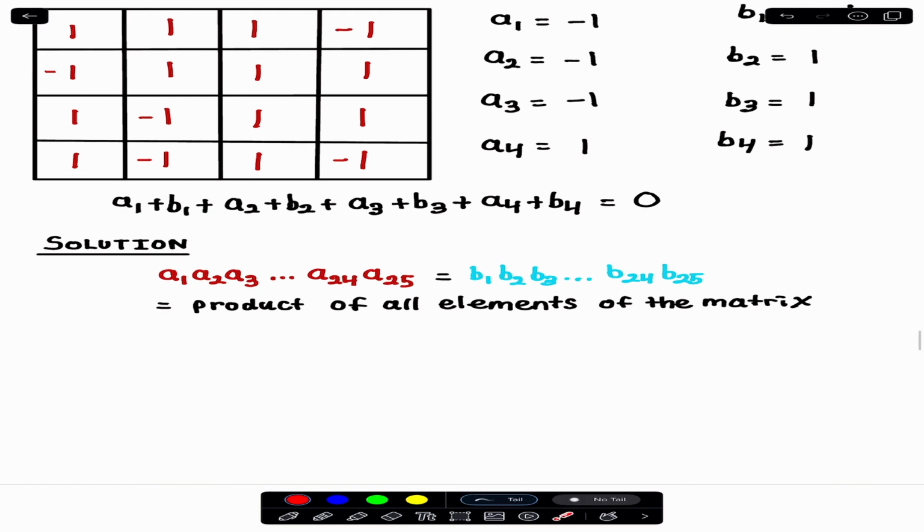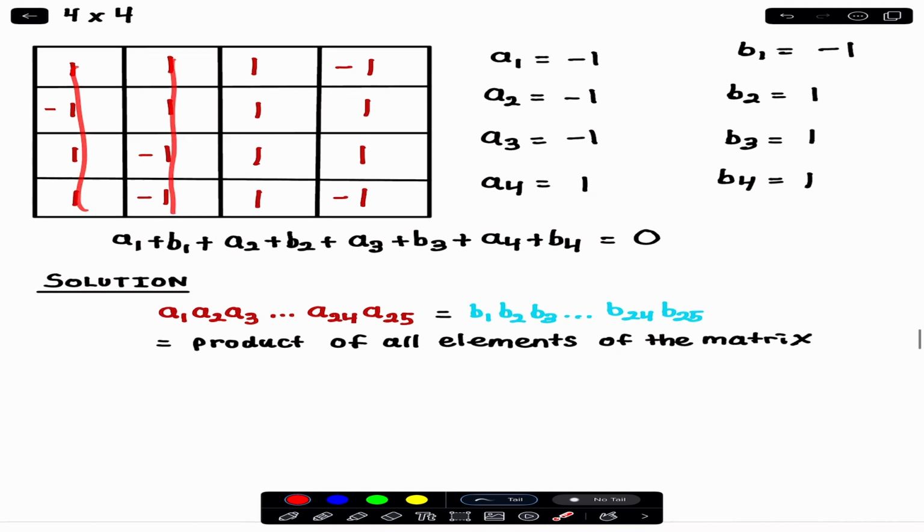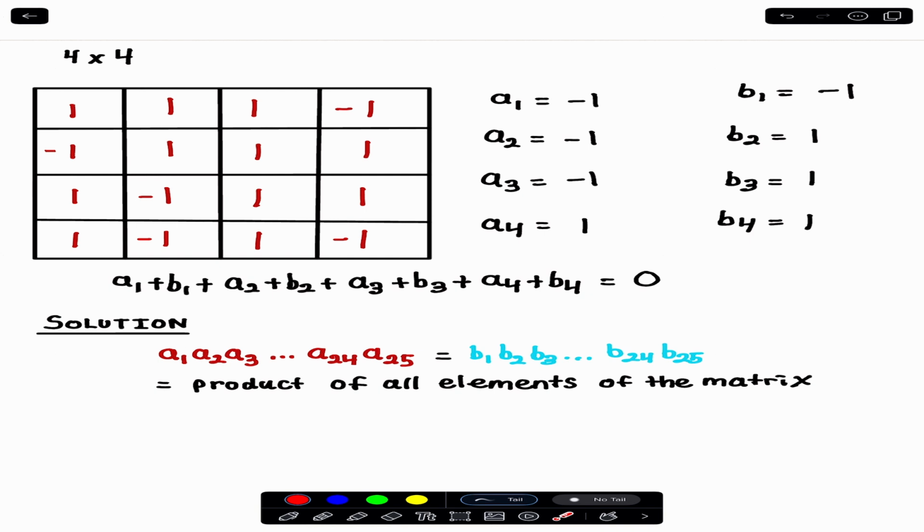Even though I haven't drawn a 25 by 25 grid, what the left side is saying is if we multiply row-wise, and the right side is saying if we multiply column-wise. It doesn't really matter if you multiply your numbers through rows or through columns, because in the end we're just multiplying all numbers together.